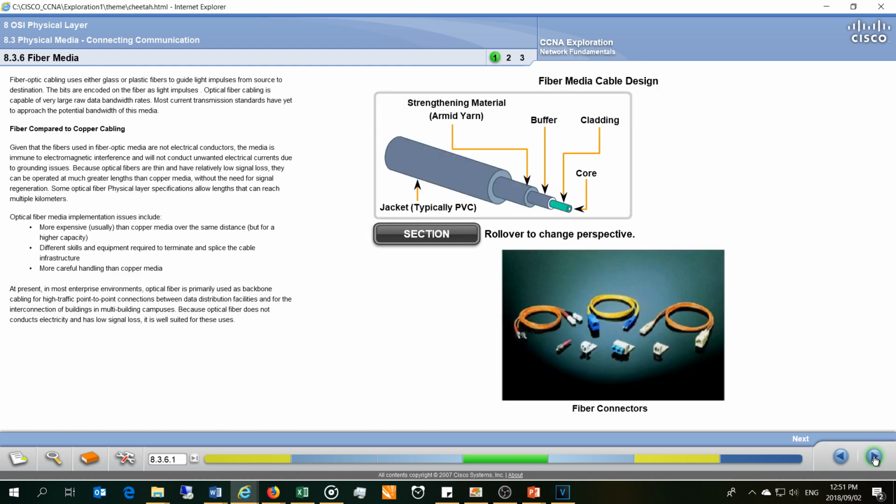But when we talk about fiber optic, it is based on light signals. Now, if we put fiber optic cables near power sources, like maybe your supply cable or your lights in your house or next to a machine, the fiber optic does not get any interference from the nearby magnetic fields. So fiber optic cable has a great advantage in that it is immune to electromagnetic interference.